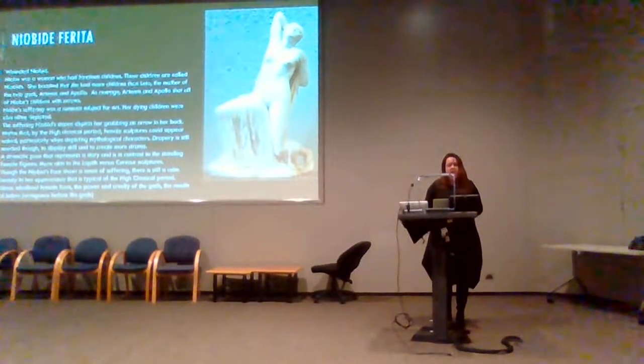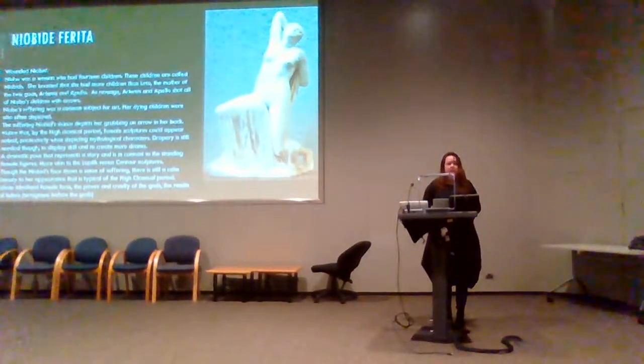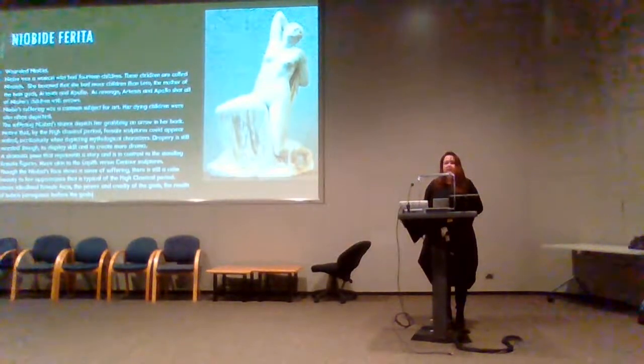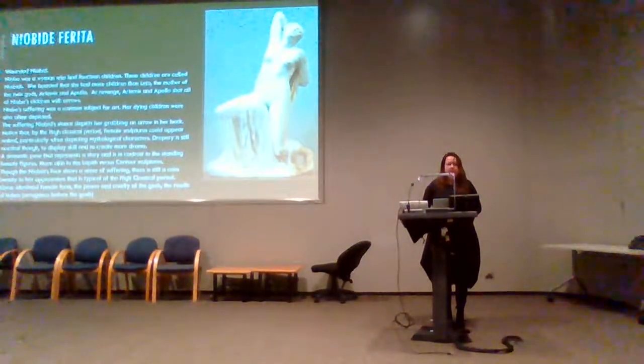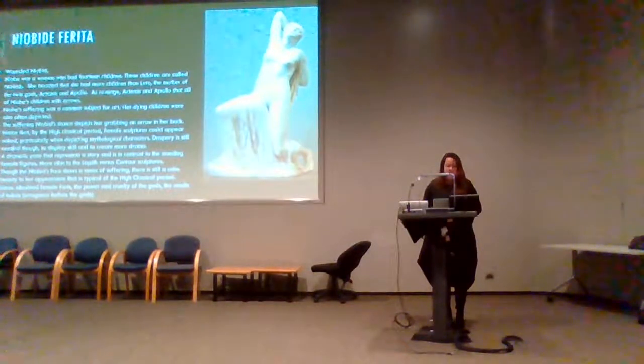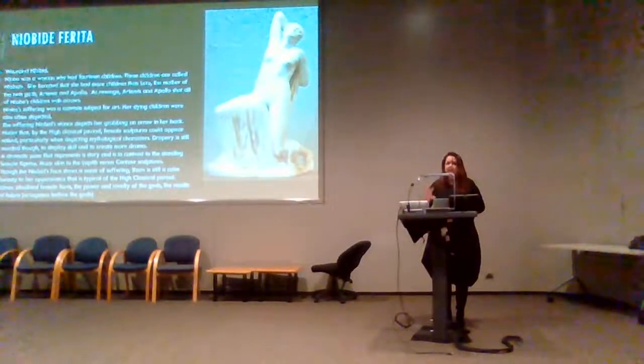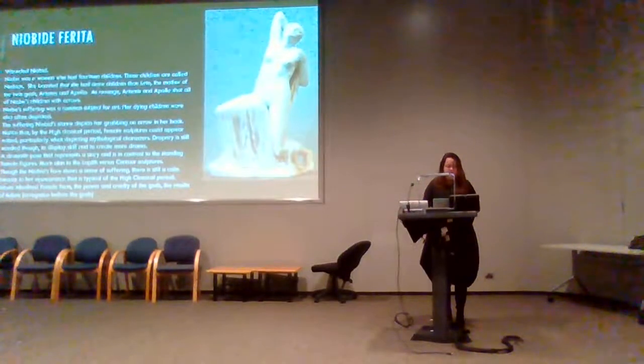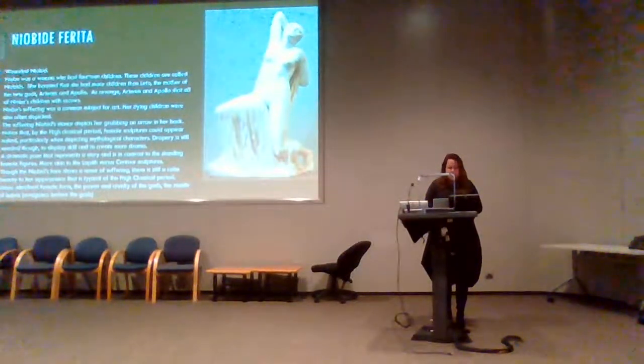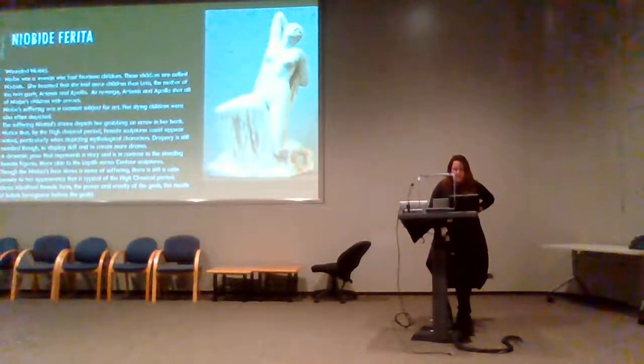She's a child of Niobe, whose children were killed because Niobe was too arrogant in comparing herself and saying she was better than the mother of Apollo and Artemis, Leto. So make sure you have all those details. There could be a 4-point question, for example. She's all about idealized female form, the power of the gods, and the results of hubris.